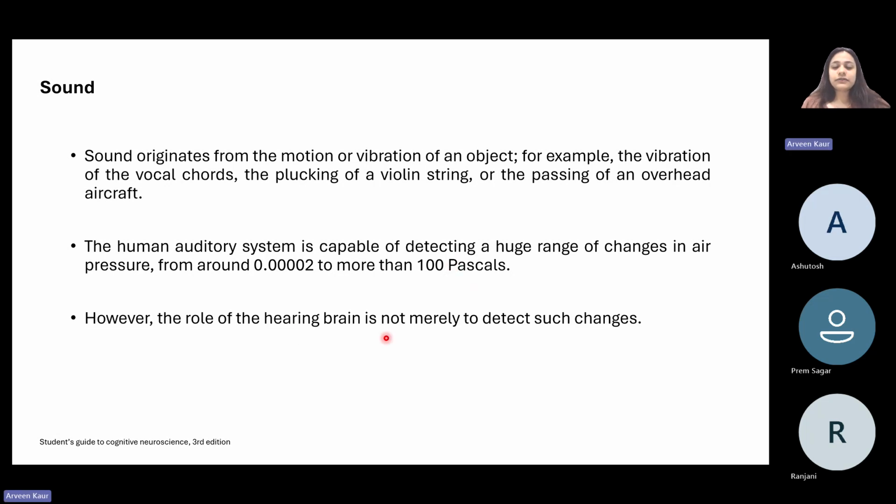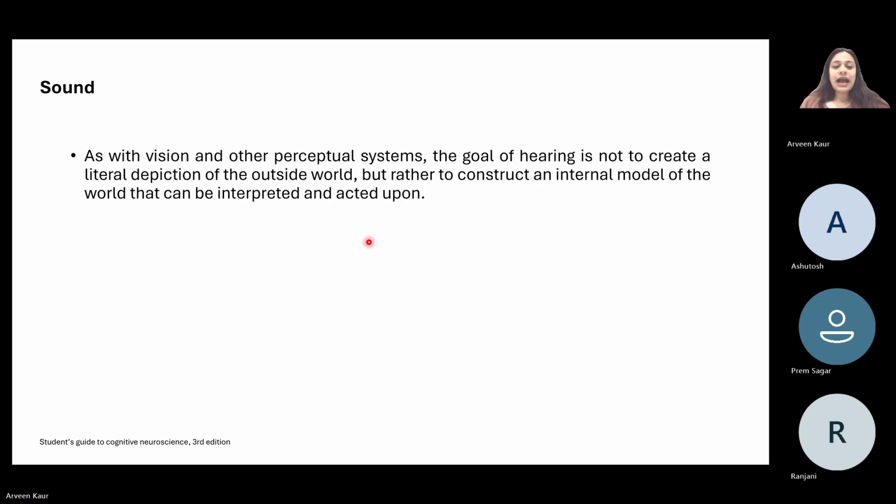However, the role of the hearing brain is not merely to detect such changes, right? As with vision and other perceptual systems, the goal of hearing is not to create a literal depiction of the outside world, but rather to construct an internal model of the world that can be interpreted and acted upon, right?